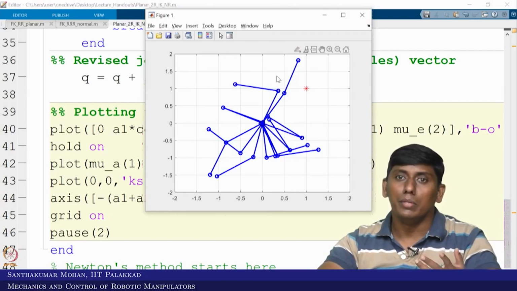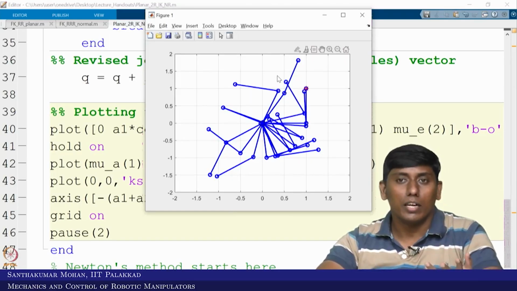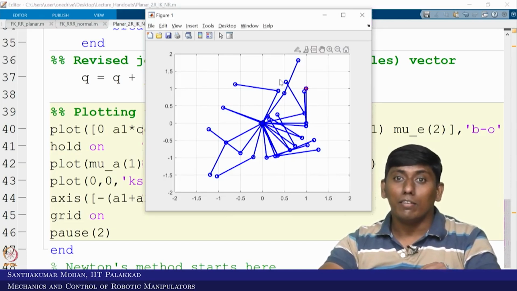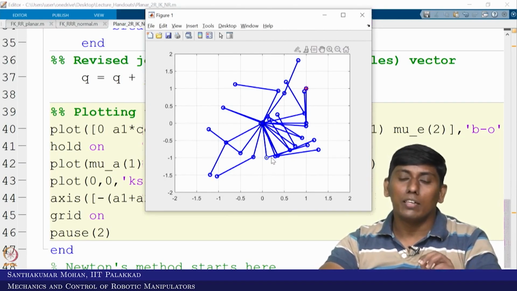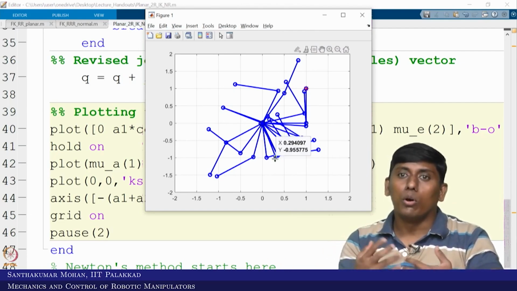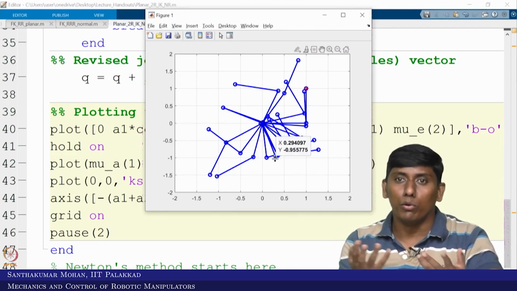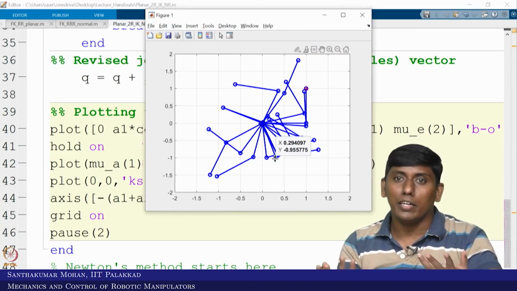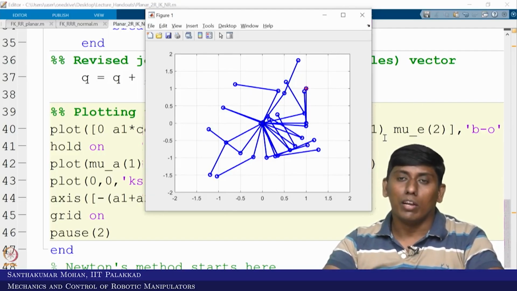The initial guess is around the inflection point, so it may take time. You can see it converges, right, but it takes more iterations. In the earlier case you started with an initial guess very close and got it immediately within 3 or 4 counts, but in this case it is taking a longer duration.